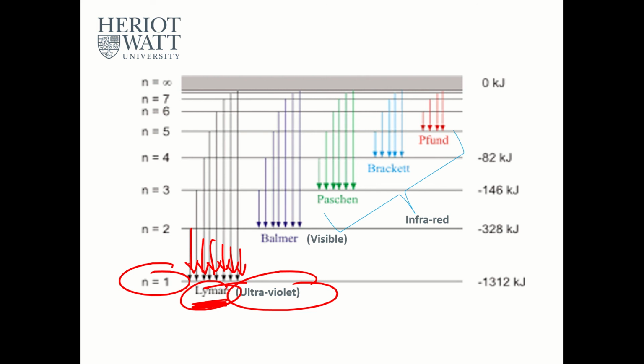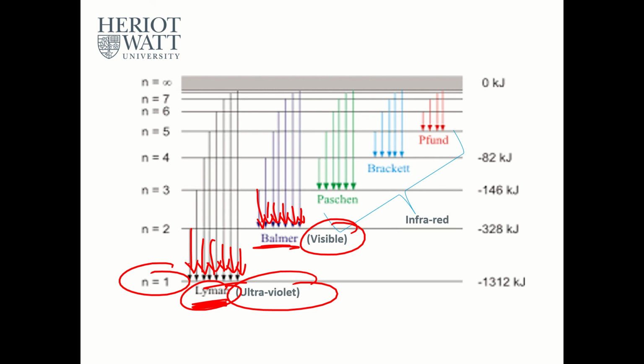Next, if the electrons fall back to n equals 2 from whichever level, it can be 3, 4, 5, 6, whatever, then it is considered the Balmer series, and all the radiation here is within the visible region. So it's colored light that we can see: red, violet, orange, blue, green.